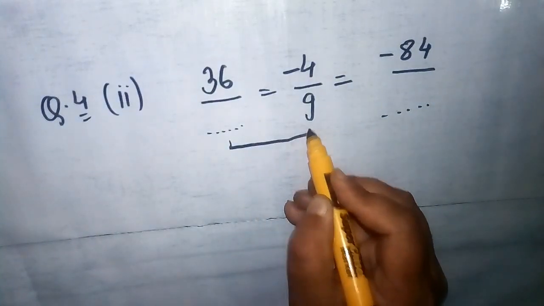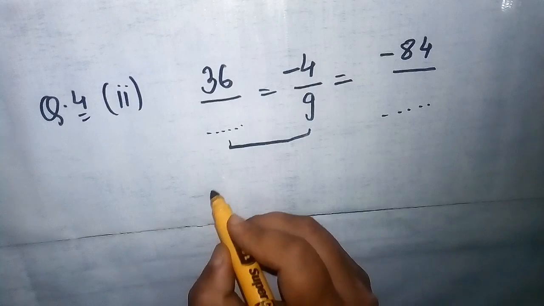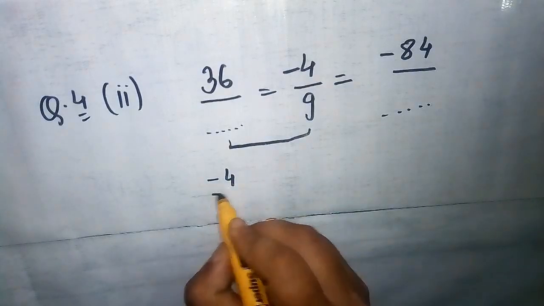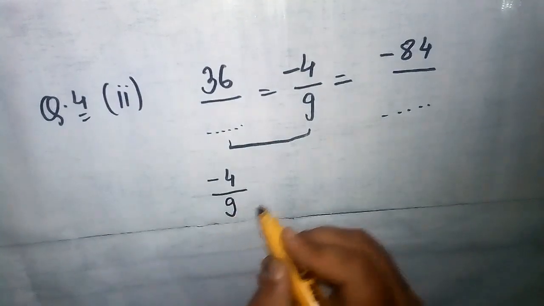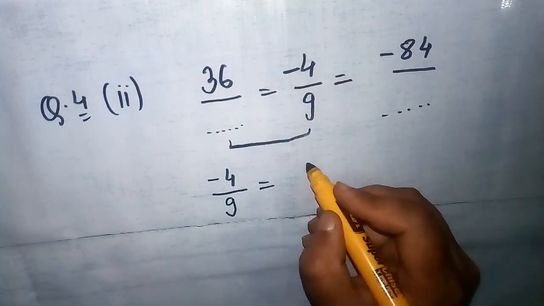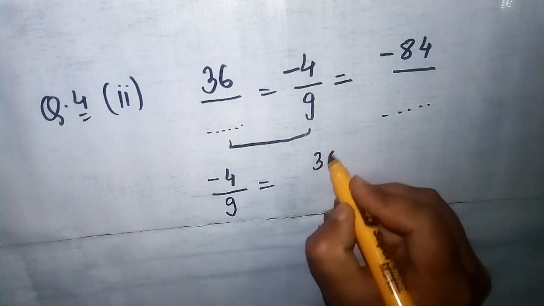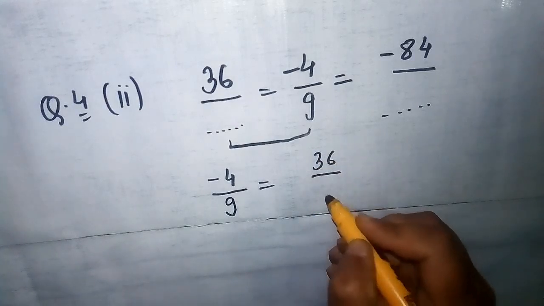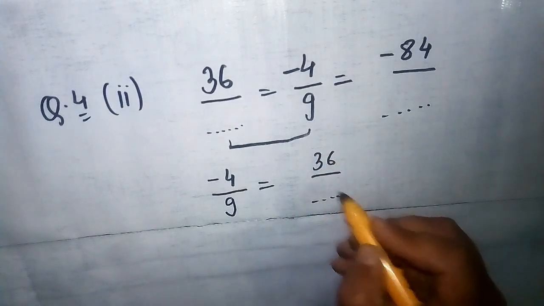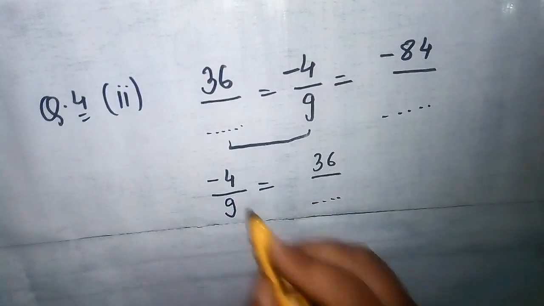So first of all we will take the first two parts, that is 4 upon 9 equals to 36 upon dash. Remember, you have done such questions in your second exercise also. You can use the same method.